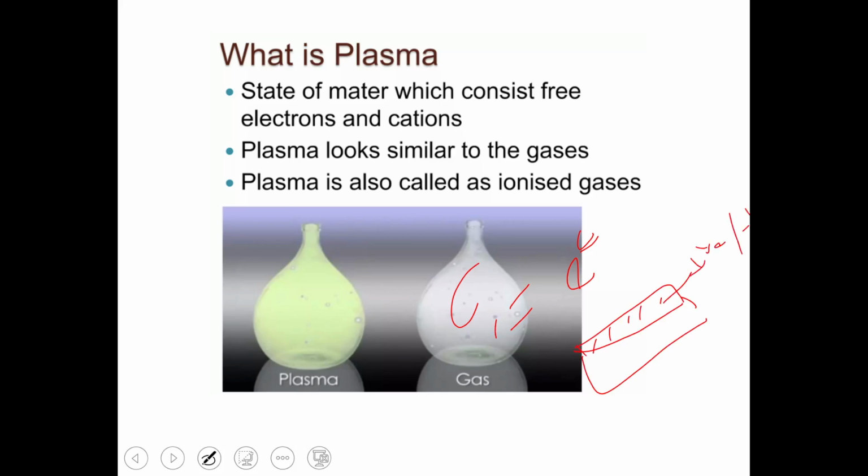It will react, and through the bombardment of ion species, the photoresist will be removed from the area unexposed to UV light. Plasma looks similar to gases. Plasma is also ionized gas.